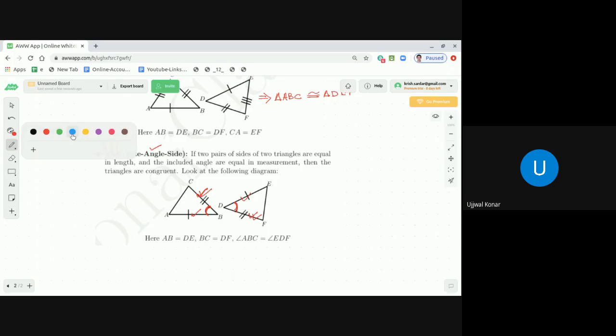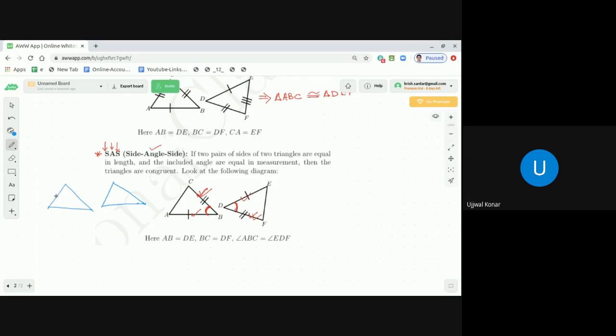So let me use a different color. Suppose we have a triangle like this and another triangle like this. These triangles are not to scale, whatever I am drawing now, so consider these two triangles are congruent.